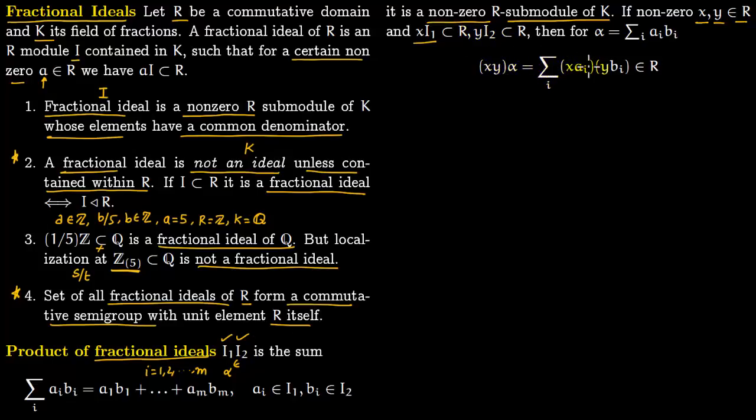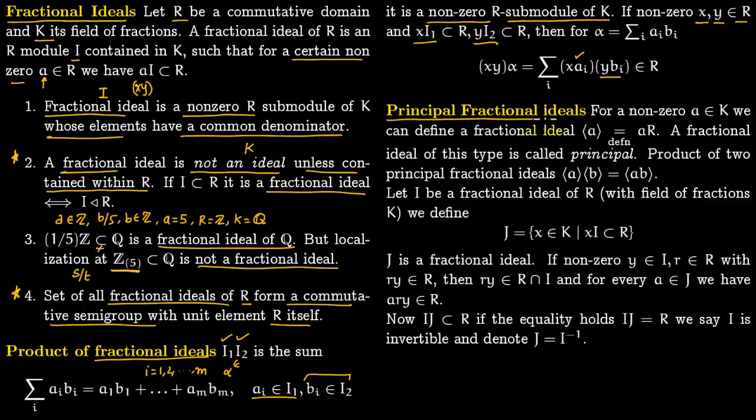You just sum over x a_i and y b_i. This clears the denominators of I1, because these a_i's lie in I1 and x is clearing the denominators, and here y is clearing the denominators because y clears the denominator of I2 and these b_i's lie in I2. So this lies within R. So this element xy is clearing the denominators.